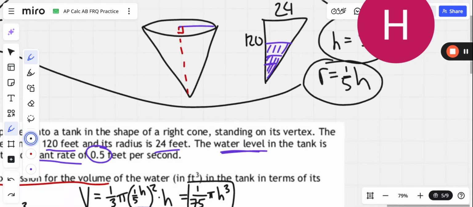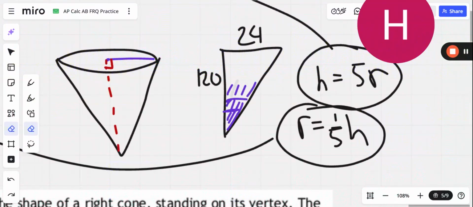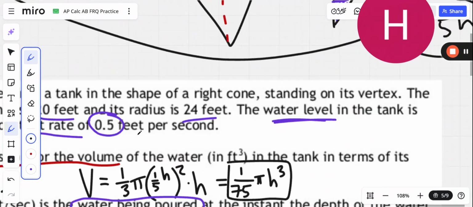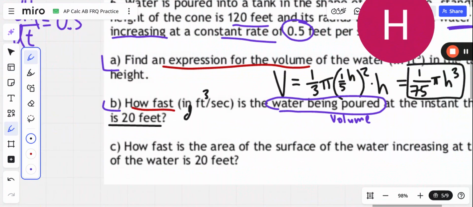So we should expect that the amount of water being poured in at a certain moment depends on how much height we have here, okay? So they're asking for dV/dt.